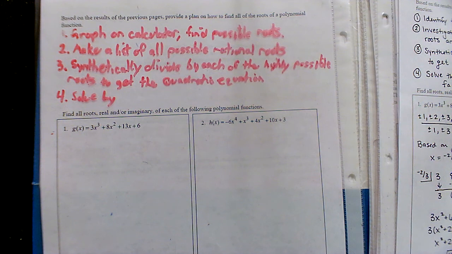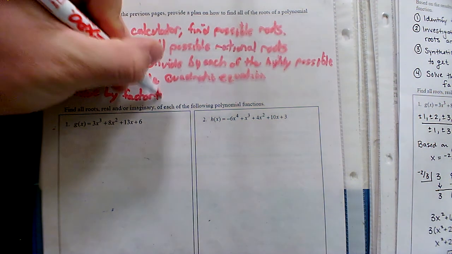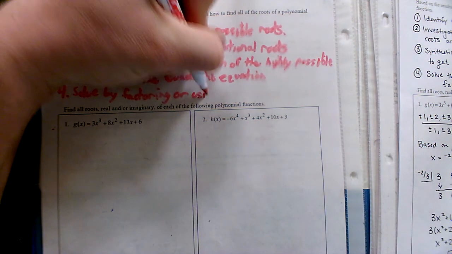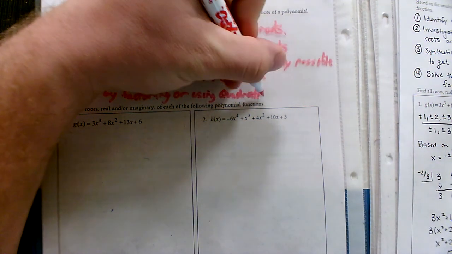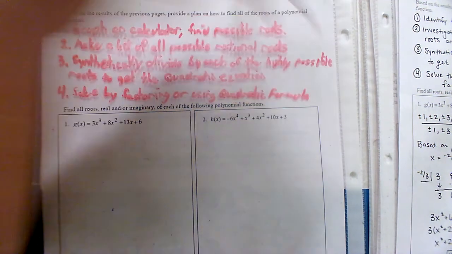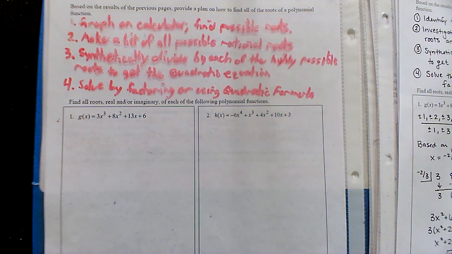What did I have you try before we used the quadratic formula? What did I ask you to try to do? Factor. So you can solve by factoring or using quadratic formula. That would be our fourth step. Solve the quadratic equation by factoring or using quadratic formula.